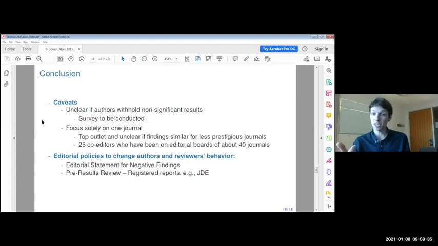And that's key because you're telling authors, please send us these papers that you were thinking of scrapping. And you remind reviewers that what you care about is the quality of the paper, not whether it's significant or not. And in that paper, in the EJ, what I do is a diff-in-diff comparing to other journals in other fields. And what you find is a huge increase in the number of papers that do not find a significant effect that are published in these journals.